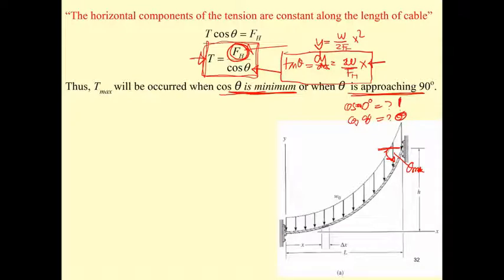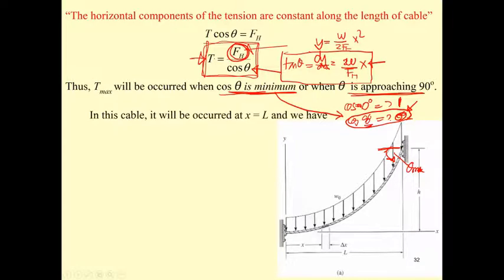So when cos theta is minimum, or when theta approaches 90 degrees, when cos is close to 90, this value is close to 0. So when this is close to 0, it is going to produce maximum T. That's correct.